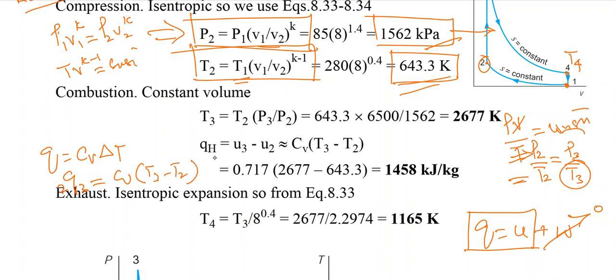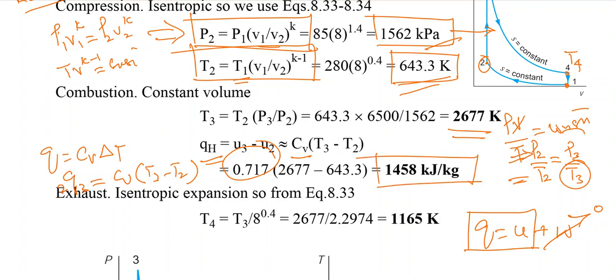Cv for the air using the table would be equal to 0.717. T3 has already been found out, and that is 2677, and T2 is 643.3. So we have the heat transfer, which is equal to 1458 kilojoule per kg.